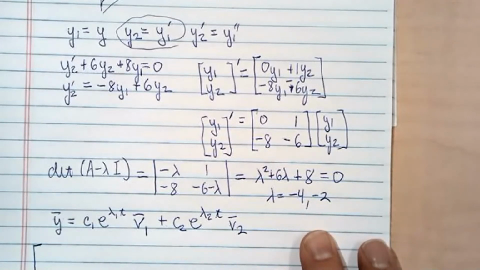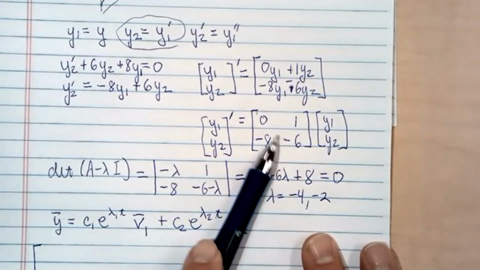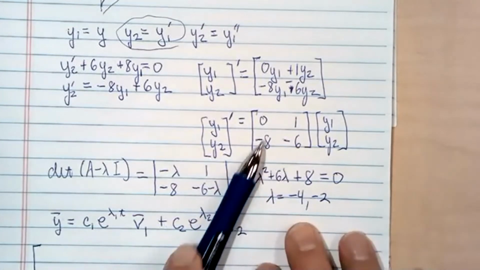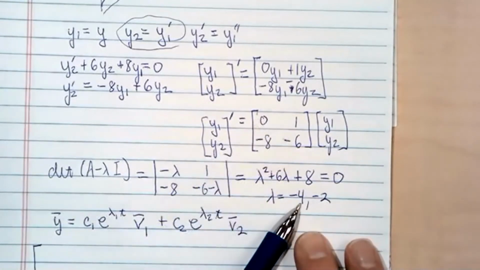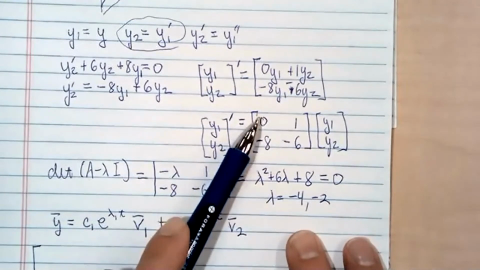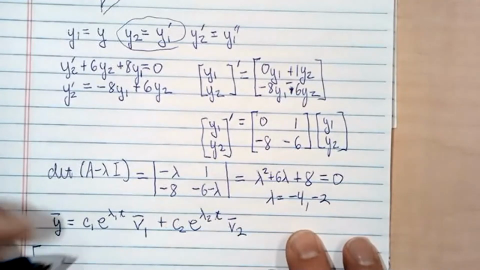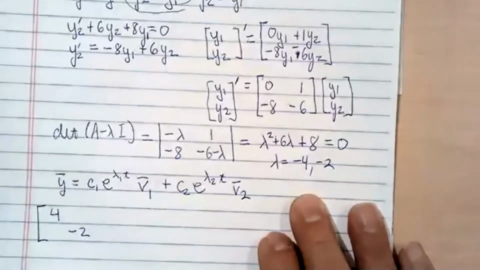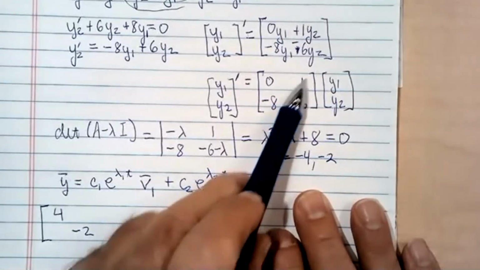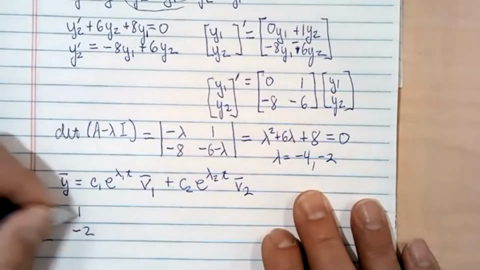So we're starting, here's our matrix right here, 0, 1, -8, -6. When I subtract -4, I'm adding 4. So I'll have 4 and -2 down the main diagonal, and the other entries are unchanged.